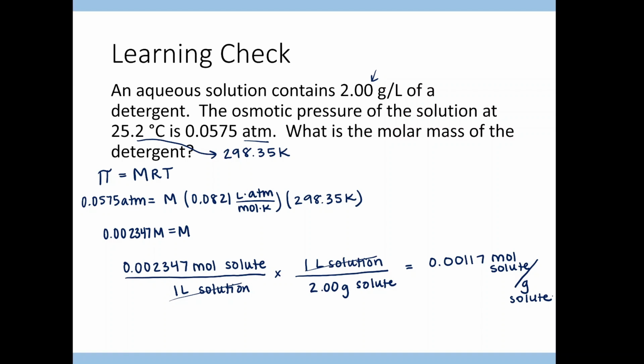Now usually we report molar mass in grams per mole, so if you take 1 divided by 0.00117, this is 852 grams per mole. So that is the molar mass of the detergent.